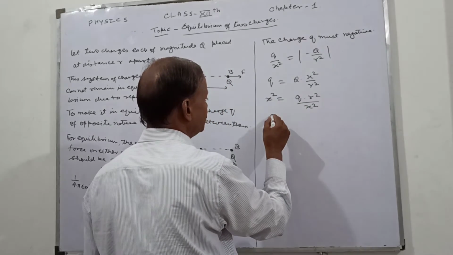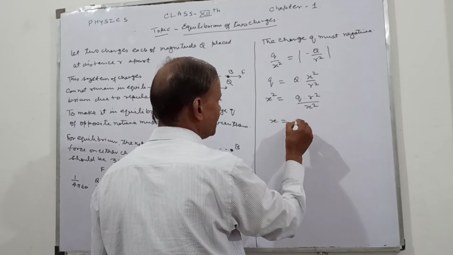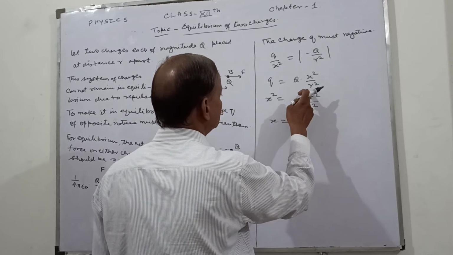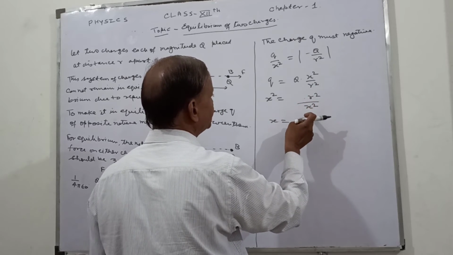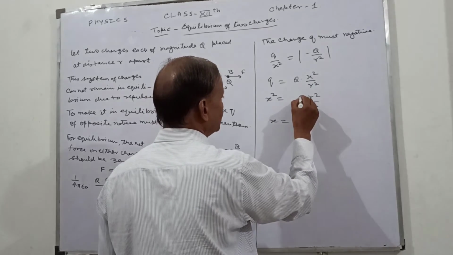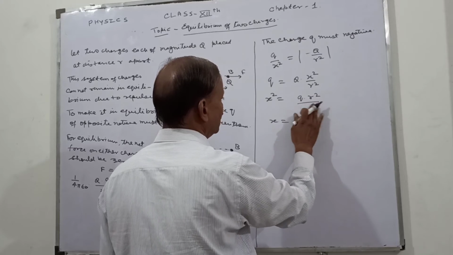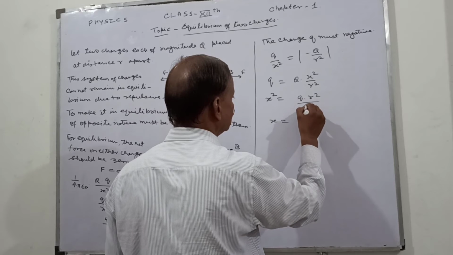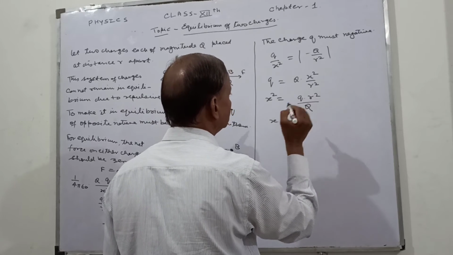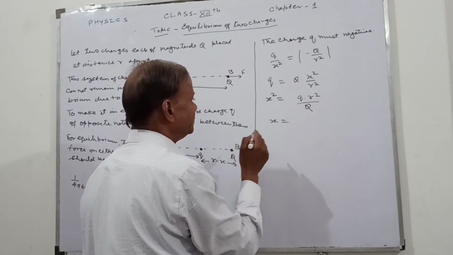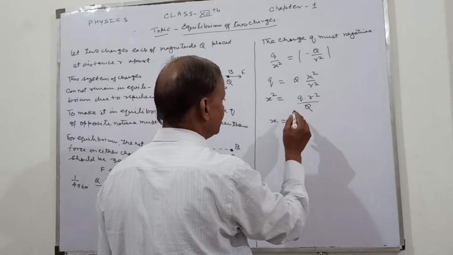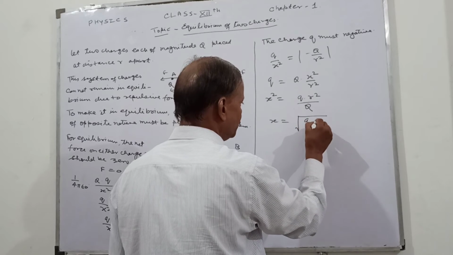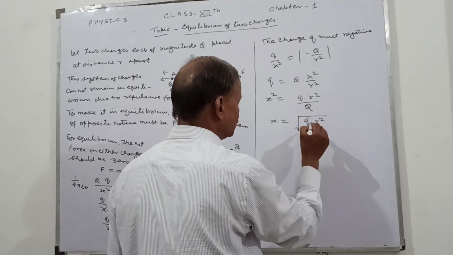So this x is equal to, we have to find the x. So x equals square root of Q into r square upon q.